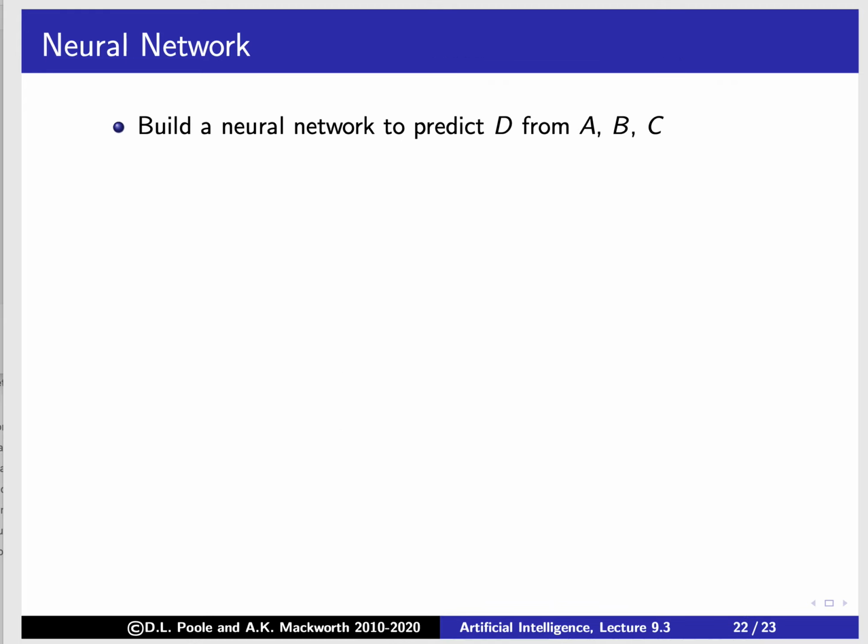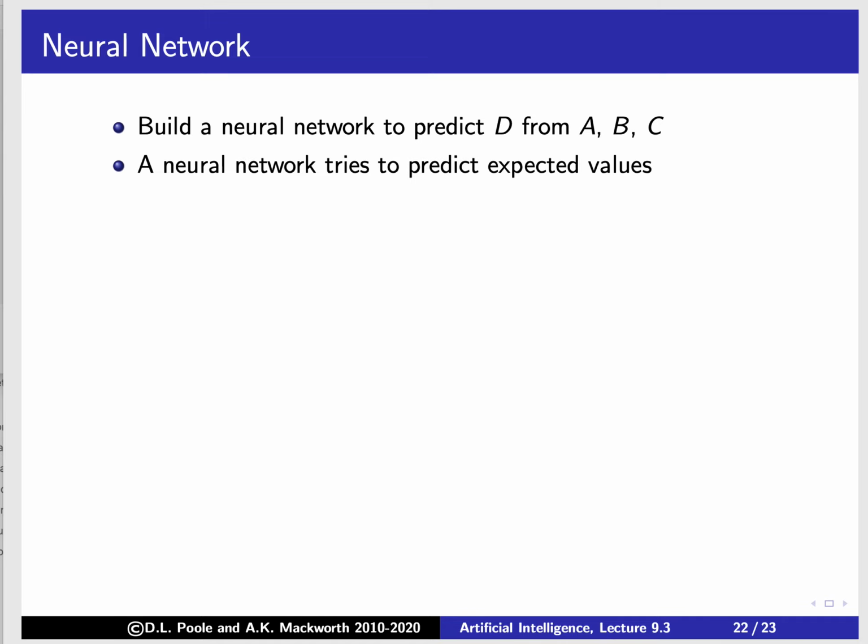Okay, and one other way to do it is just to build a neural network to predict D from A, B, and C. This is particularly common when we have sensing information, when A, B, and C are very low-level sensing information. The neural network tends to be the most commonly used now. But we can just think of it as a way to represent conditional probabilities.